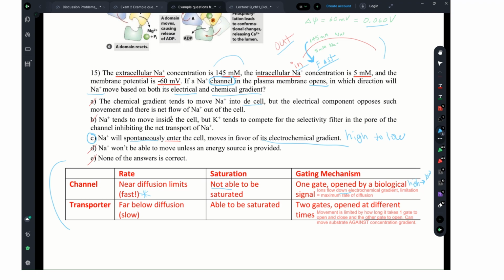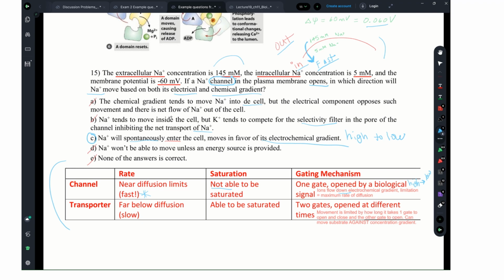So that's not happening. It's moving from high to low concentration. And then B, sodium tends to move inside the cell, but potassium tends to compete for the selectivity filter in the pore of the channel, inhibiting the net transport of sodium. So they're talking about something completely different here, not a channel. So that's why that is false.